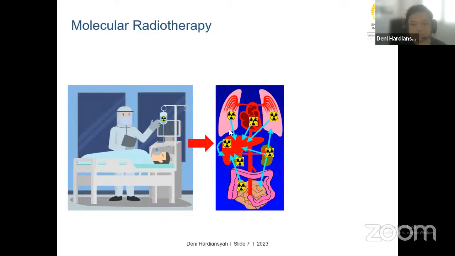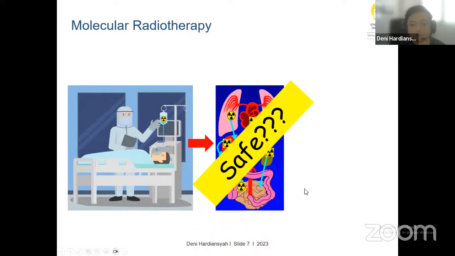So this liver will get radiation from all over the organs. And even inside the liver itself, we have some radiopharmaceutical drugs, which can also give radiation to the liver itself. So it's very complicated and it seems very unsafe, right? That's why the question is whether it is safe or not.